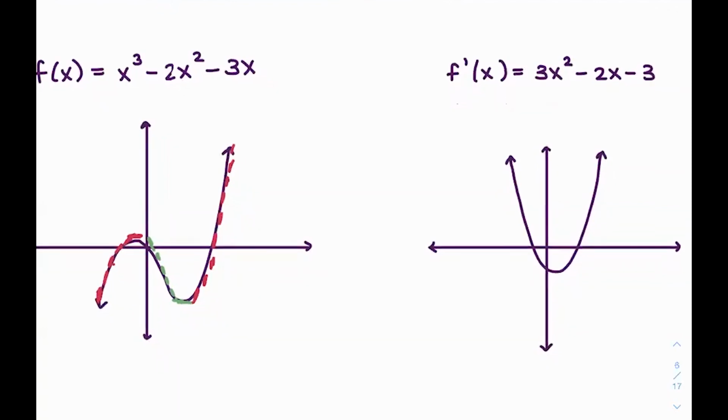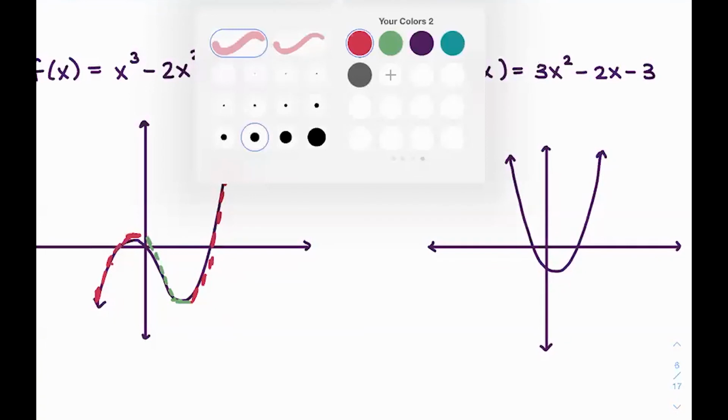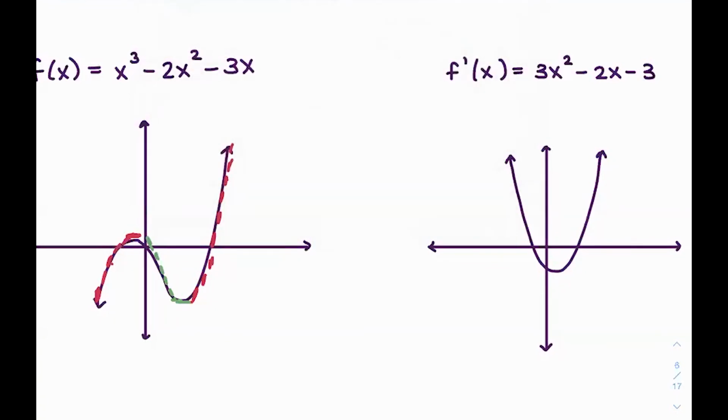So if we compare that to the actual derivative, where my function is increasing, my derivative is positive. The slopes of all of those tangent lines at every single point on this increasing interval are all positive.